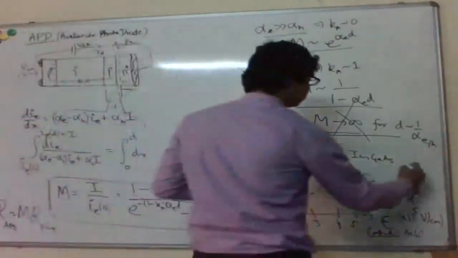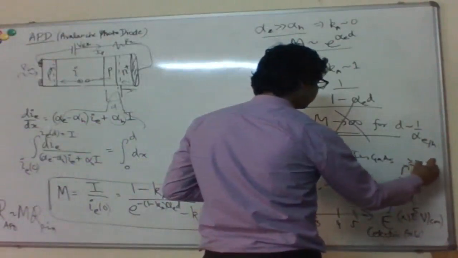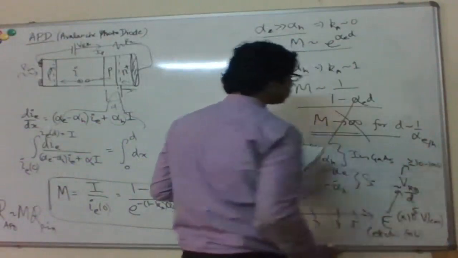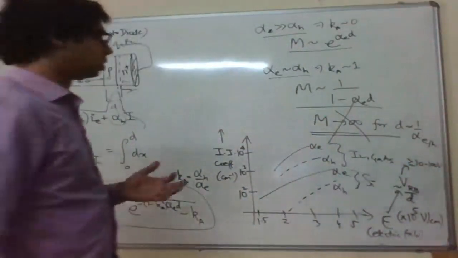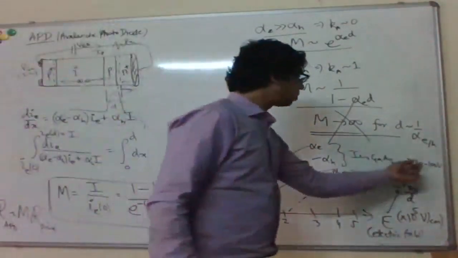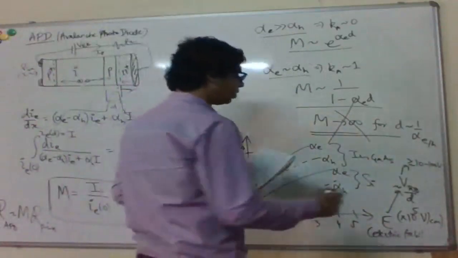So if you apply something like greater than 10, maybe up to 100 volts. For the pin photodiode, remember we were operating, let's say, around 5 volts. Here we go slightly higher, maybe 10 volts or 20, 30 volts. Some devices maybe even up to 100 volts.